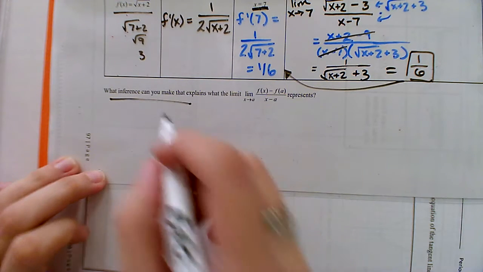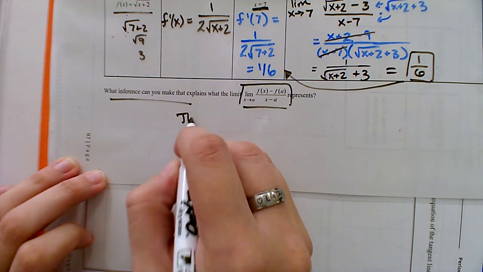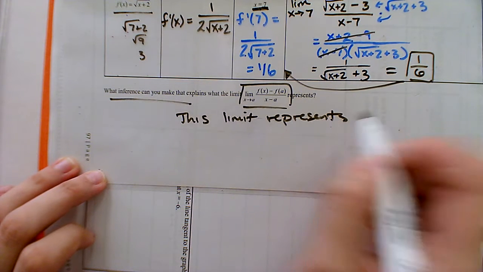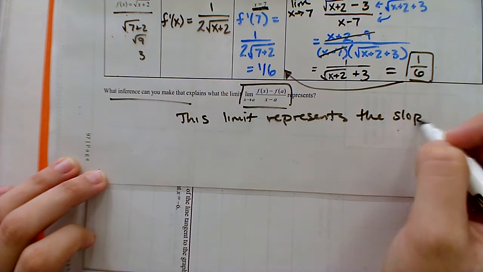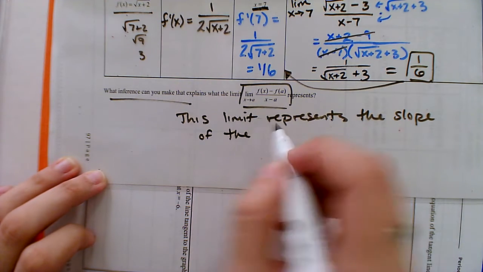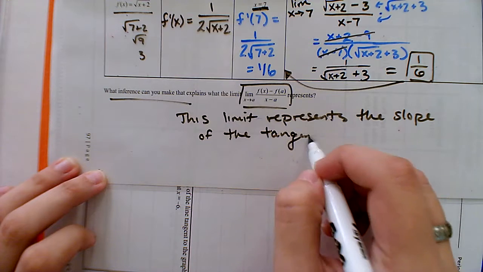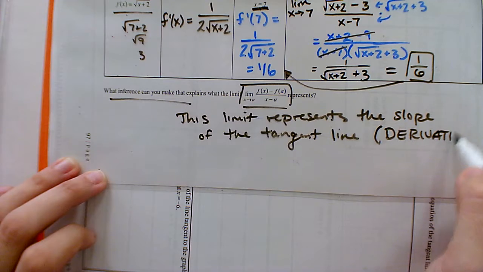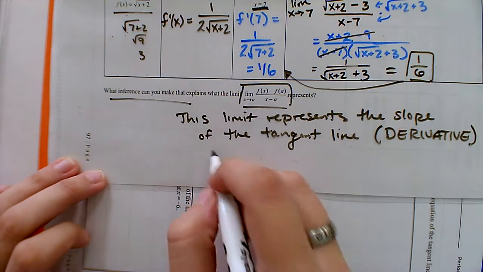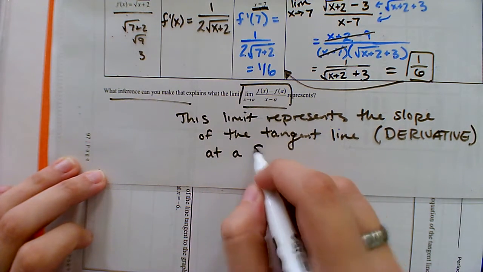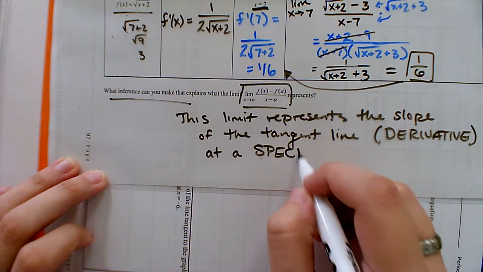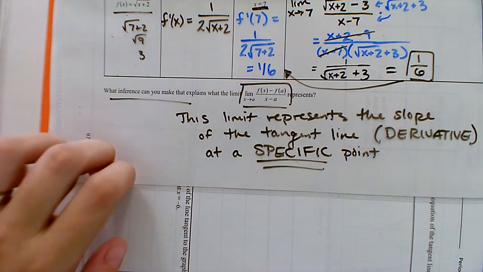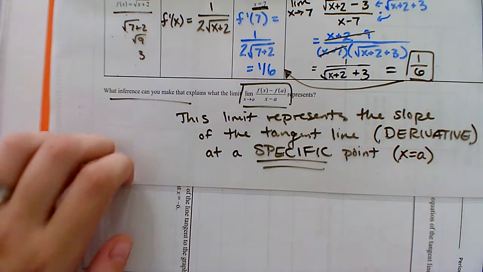Okay, so just to make note of that, we'll say this limit represents the slope of the tangent line, aka derivative, at a specific point. Okay, whatever that a value is.